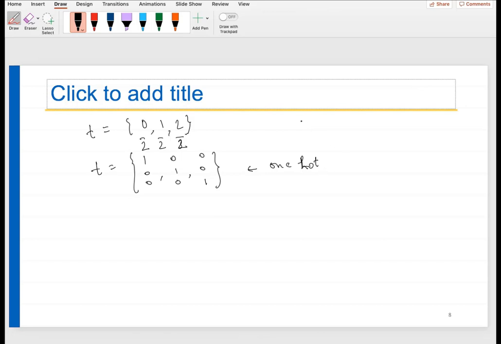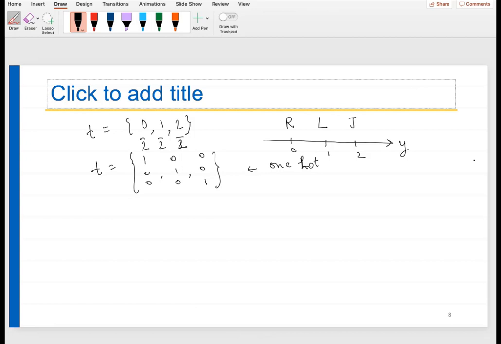So let us say we have roses, and we have lotuses, and we have jasmines, and this is my line Y. So if my Y is 0, 1, 2, what does this mean? This means that my rose is much more similar to lotus than to jasmine.